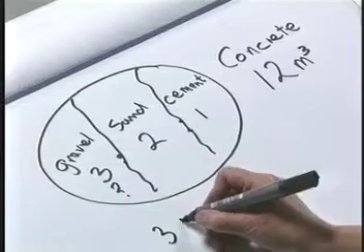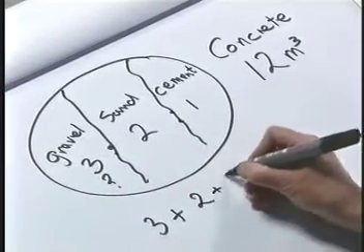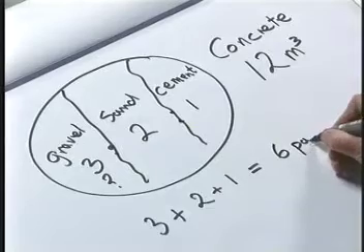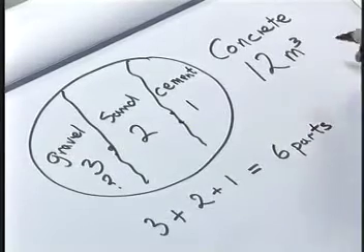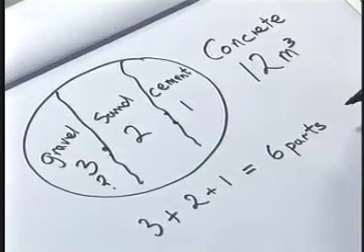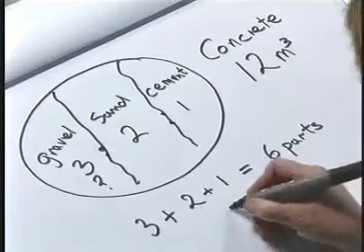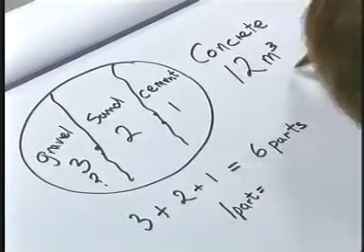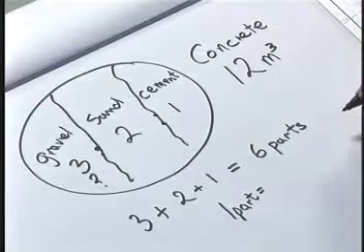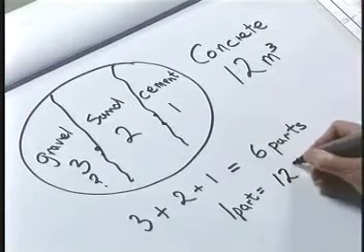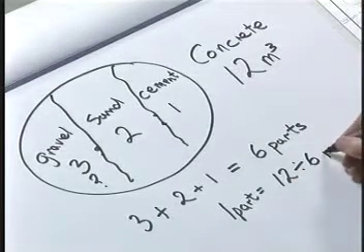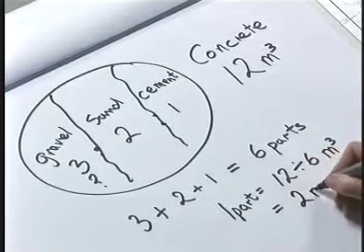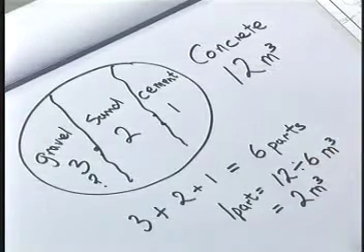It's 3 plus 2 plus 1, and that equals 6 parts. So 1 part must equal our 12 cubic metres divided by 6, which works out to be 2 cubic metres.